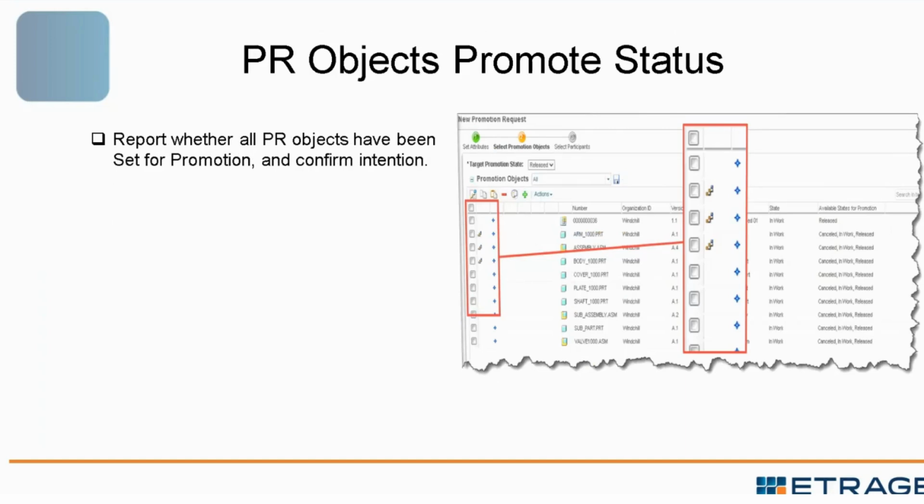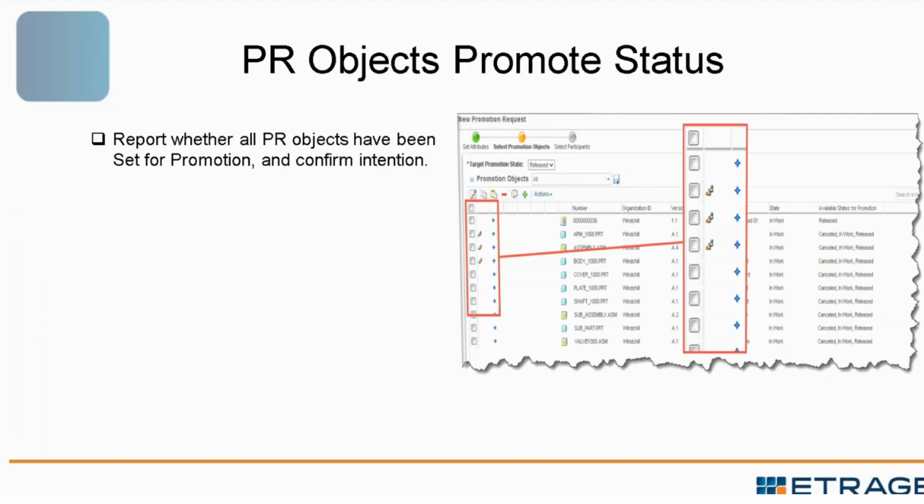Promotion status. As part of the enhancement, some customers come to me and say, "Hey Robert, sometimes we try to promote, for example, a drawing, and as we go through that process, we select the drawing, we go promote, and we don't have the default selection because it's very cumbersome. It collects all dependencies, formats, and we find ourselves doing a lot of work eliminating objects we don't intend to promote."